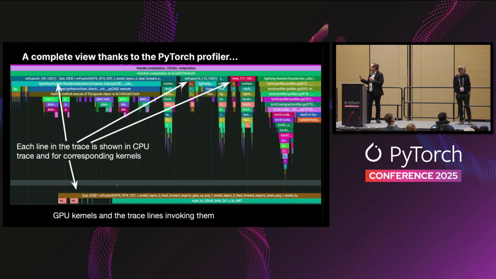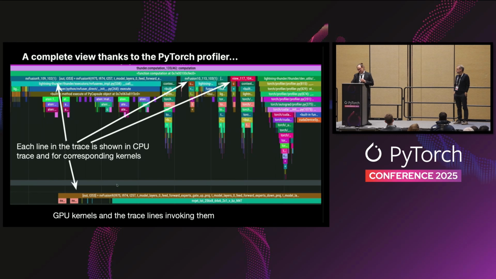What you see is that for each line of the code in the intermediate representation that Luca showed you, we have a block in the profiler. So we really see what gets executed for what line of code. So here you have NVFuser, from our NVIDIA friends.